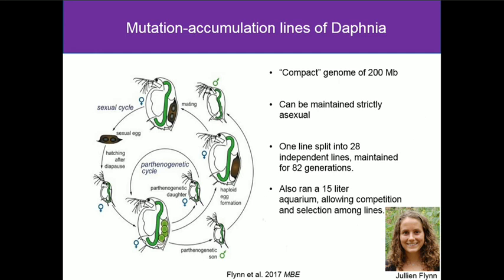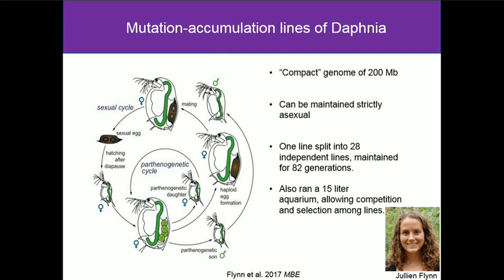I should point out this as well. They also ran a 15-liter aquarium, started with that same lineage, where they kept very good track of the population density within that aquarium. So this is sort of a mutation accumulation experiment in a population where now selection can occur.